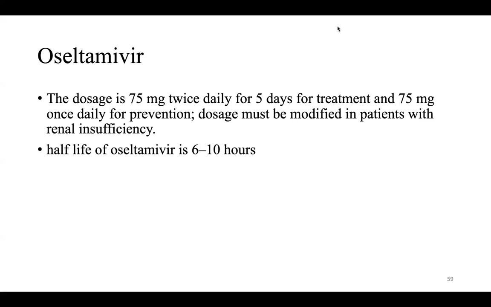Half-life of oseltamivir is 10 hours and excretion is by glomerular filtration and tubular secretion in the urine. Potential adverse effects include nausea, vomiting, and abdominal pain, which occur in 10% of patients early in therapy, but tend to resolve spontaneously.